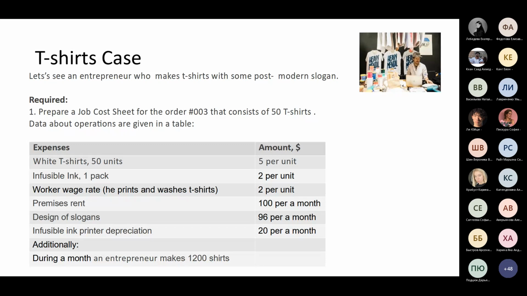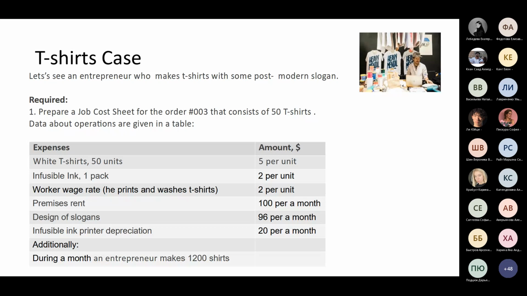For example, this guy may produce 50 t-shirts for a specified shop, I mean retailer, or for the specified musical group, for example, as a merch, and so on.